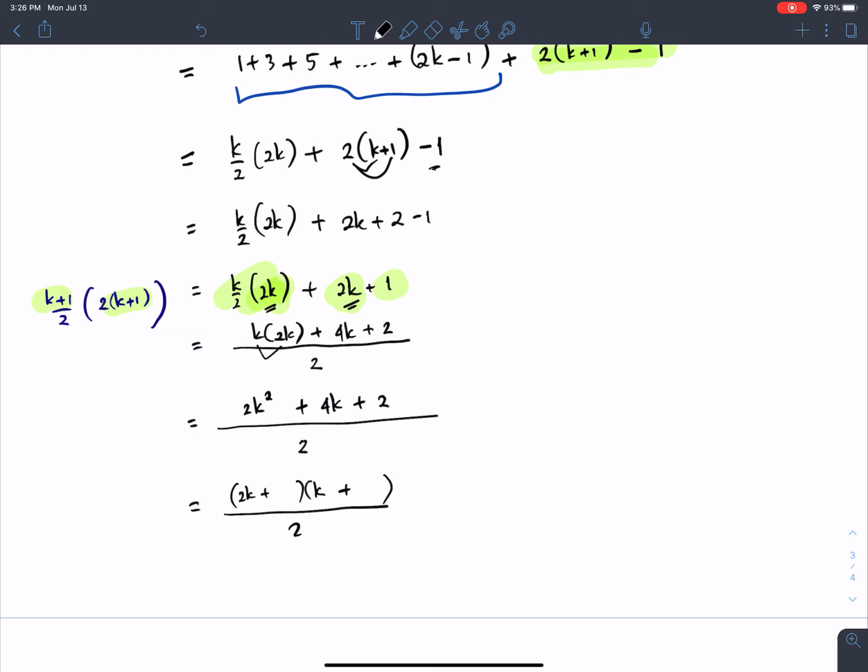So I believe that must be 2 here, 1 here. So if we multiply this, we're going to have the same. Okay. So next, I have 2. Then this part I will manipulate a little bit. So I'm going to have 2k plus 1.